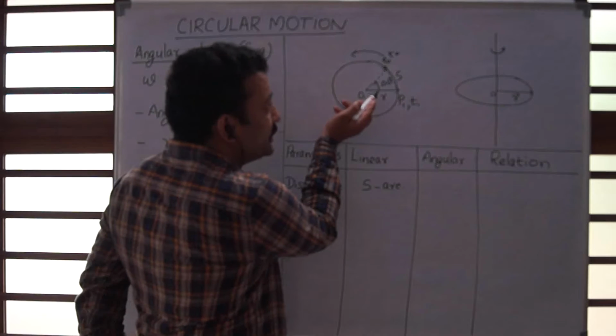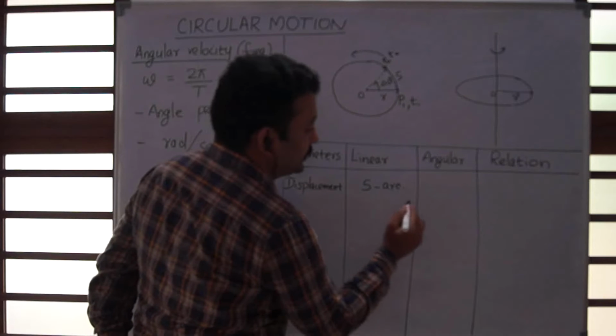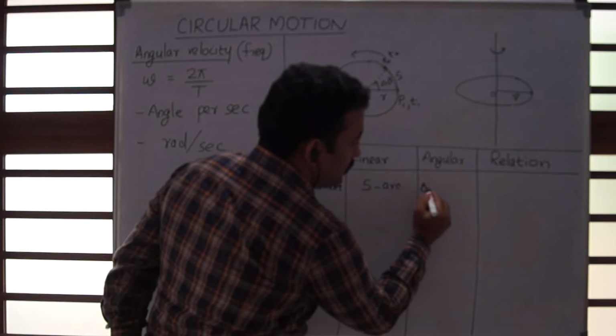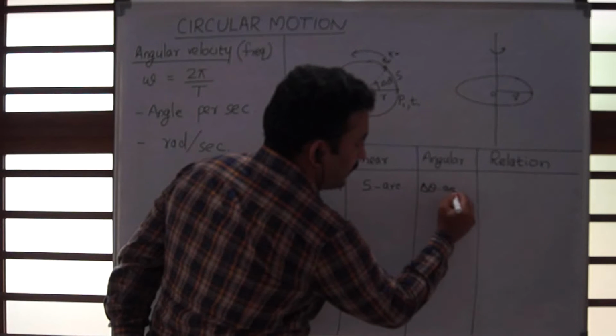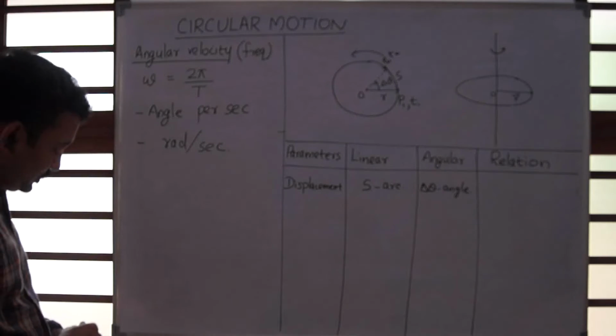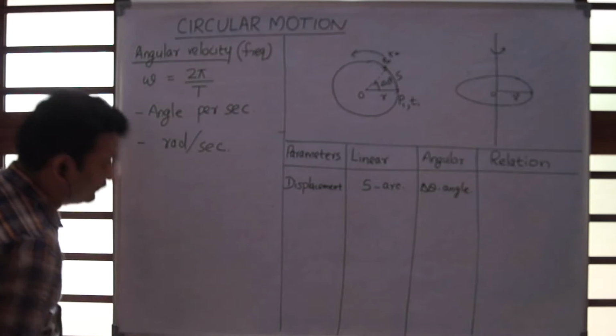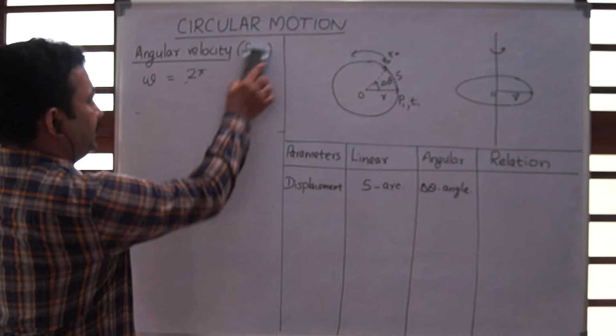So linear displacement is expressed by s, which is the length of the arc. During the same time, what happens? It makes an angular displacement of delta theta, or we will say the angle covered by the particle. Now we are into the first relation making of the circular motion.